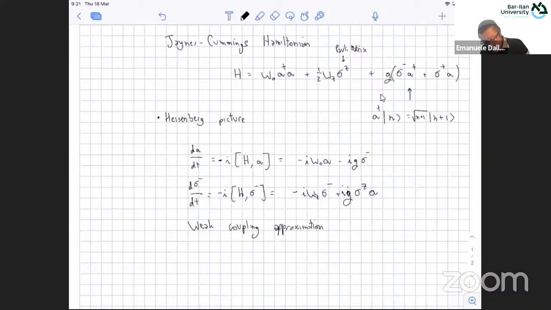But in that case, what you can assume is that sigma z essentially goes to the sigma z expectation value, meaning that even if say one or two atoms went down, it doesn't matter. The average occupation of sigma z is unchanged. Again, it's assuming that you have many atoms, so that even if say 10 atoms drop down, when the photons come back from the mirror, they will still see the same number of atoms which are up.